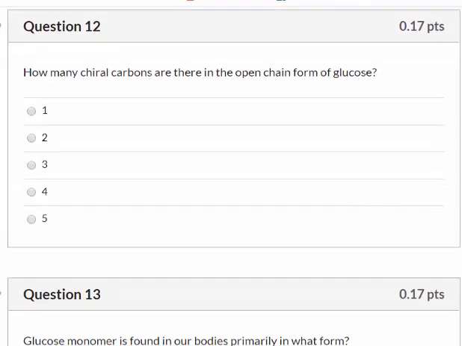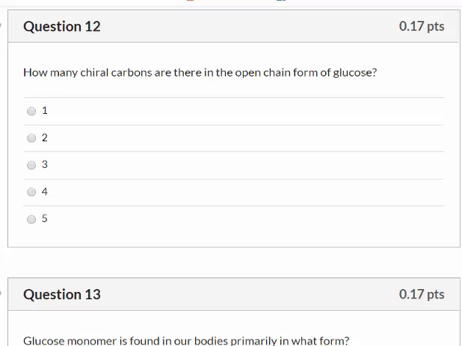Okay, this might be a little tricky. But, okay, what does it mean by chiral carbon? This is a carbon that's bonded to 4 different groups. Now, keep in mind, carbon makes a total of 4 bonds. So every one of the 4 things that the carbon is bonded to has to be different.